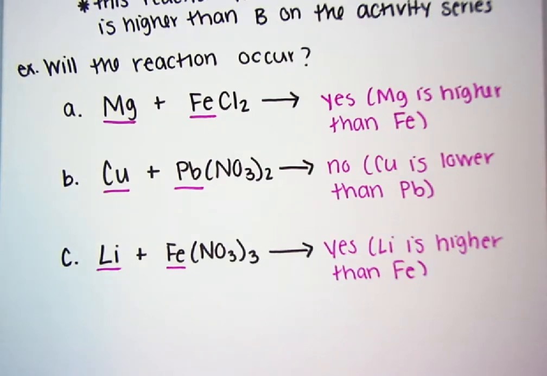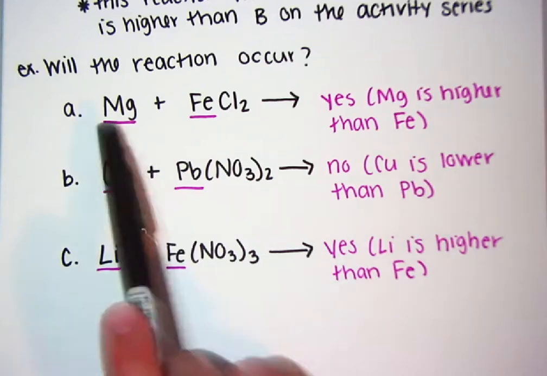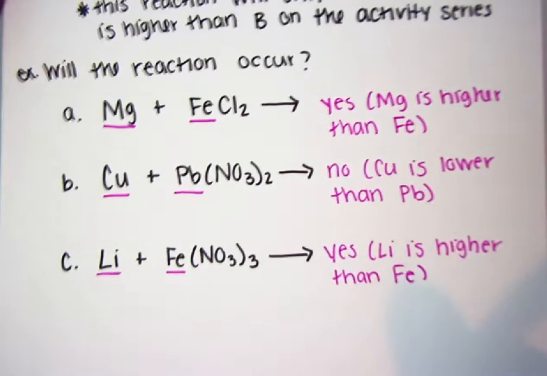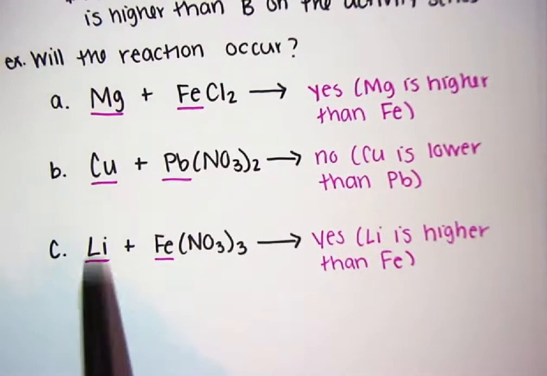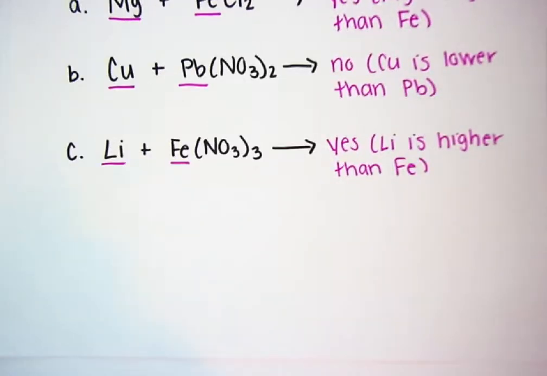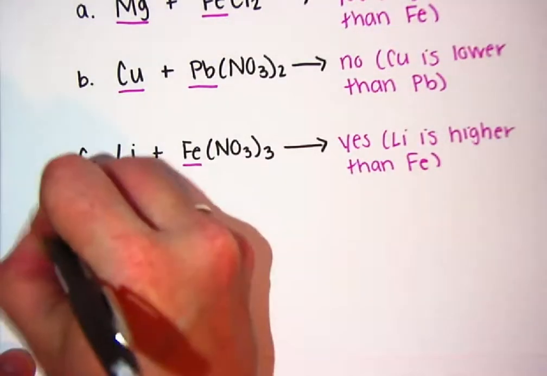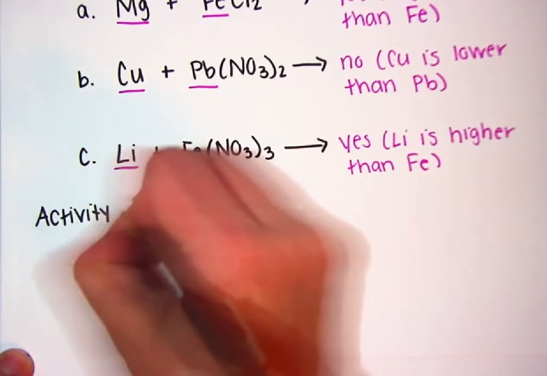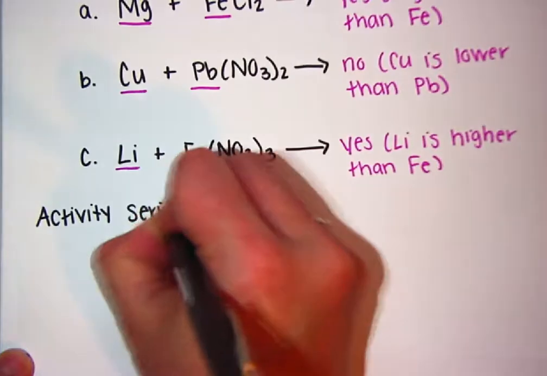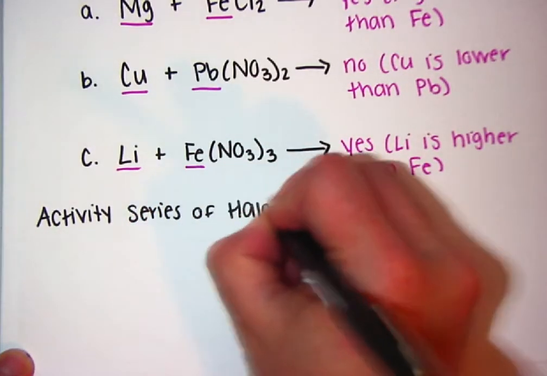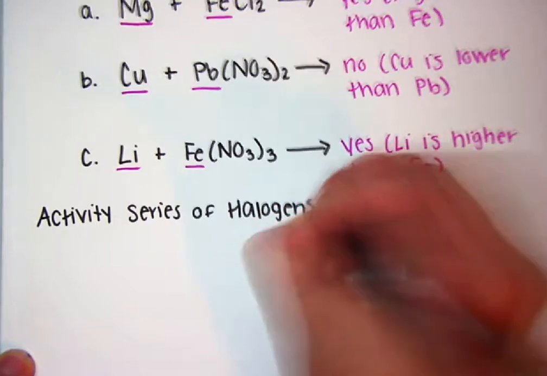Lastly, notice that for all of these single displacement reactions, our single element was a metal, so we were able to use the activity series of a metal. What if this single element was a non-metal? We're going to look at the activity series of the halogens, which is group 7.